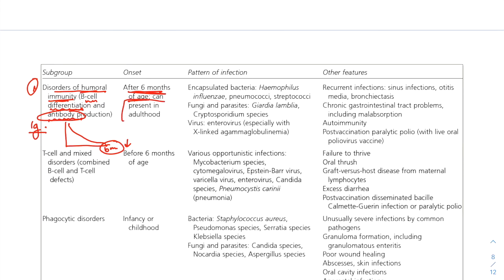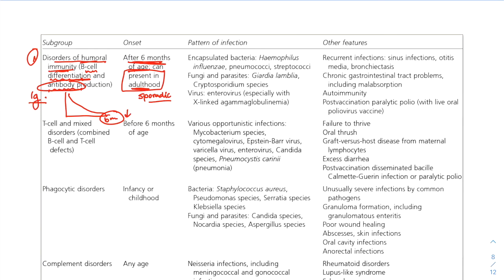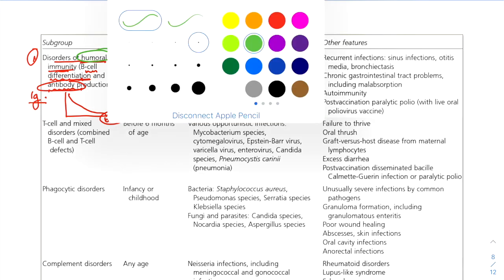They can also present in adulthood because of some sporadic mutations causing a depletion of B cell differentiation or antibody production. Patients with disorders of humoral immunity, that is, a lack of B cells or defective B cells and defective antibody production, are more prone to infections by encapsulated bacteria: Haemophilus, Pneumococcus, and Streptococcus.